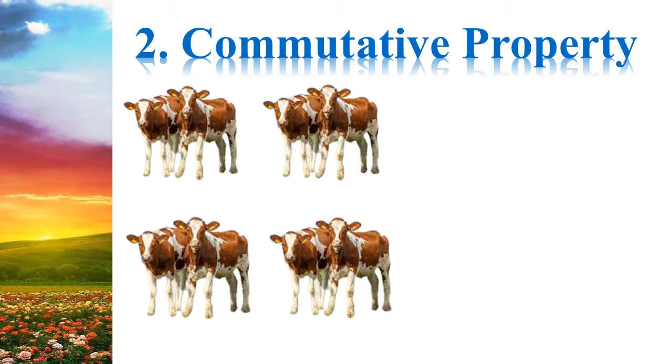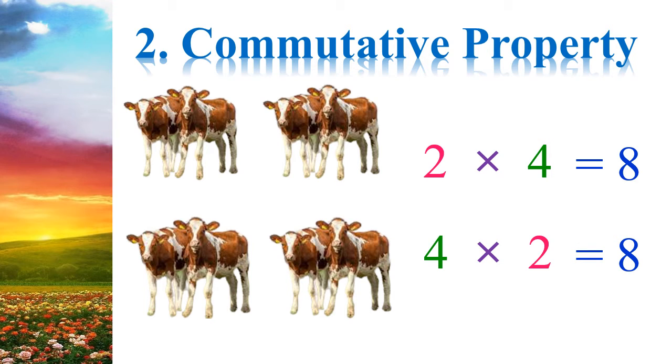The other way, we multiply the number of animals in each group and the number of groups. So that is 2 multiplied by 4 equal to 8. Next one, 4 multiplied by 2 equal to 8.